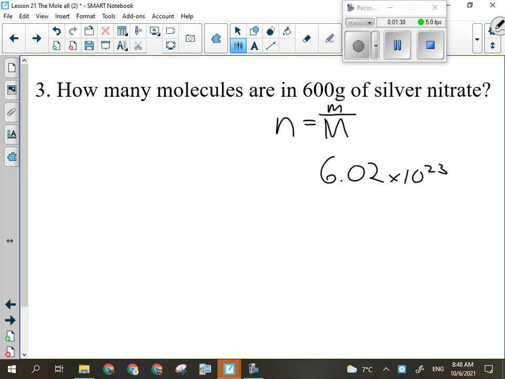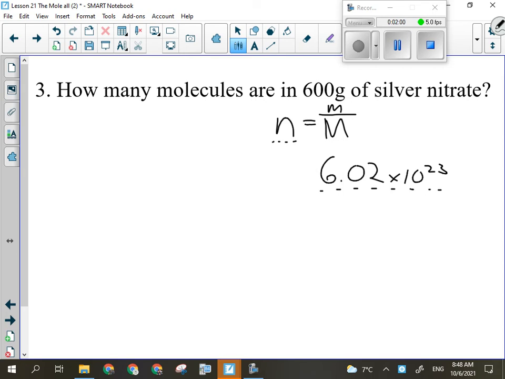If I want to calculate the number of molecules, I'm going to need to know the number of moles. If I know the number of moles, and I know that there's this many molecules in 1 mole, can I use those two numbers together to figure out how many molecules I have?